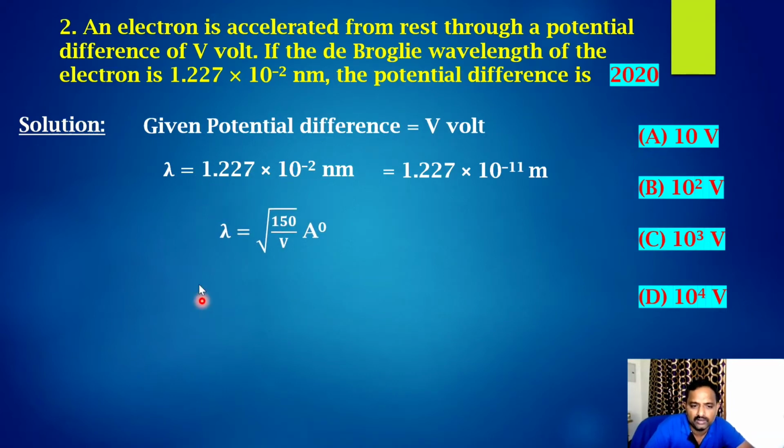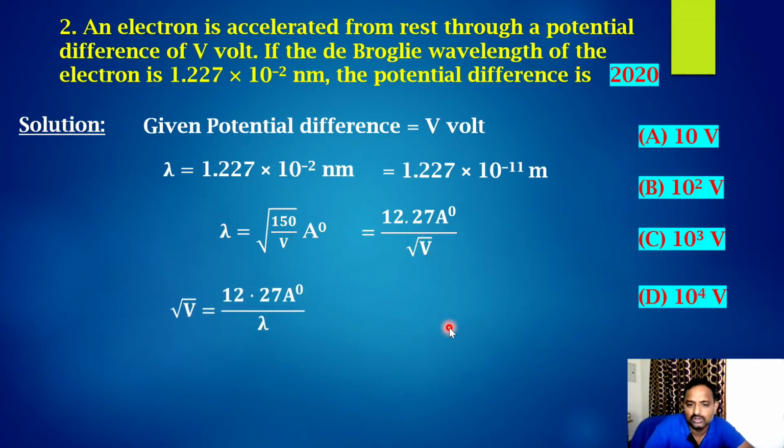So we have the formula for de Broglie wavelength in terms of potential, that is lambda is equal to root over 150 by V Angstrom. We already know from the previous problem that if you simplify this, you can write 12.27 Angstrom by root over V. So from the above step we can write root over V is equal to 12.27 Angstrom by de Broglie wavelength.